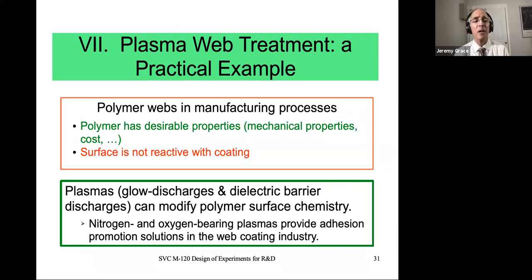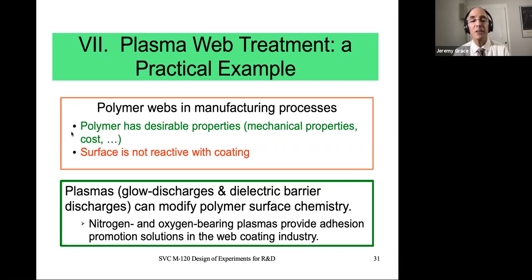I'll just give a background in polymer web treatment. Polymer webs are big rolls of thin plastic sheet or thin polymer sheet. And they're used in manufacturing processes for so many things. To name a few: candy wrappers, aluminized mylar balloons, and photographic film, which of course was interesting to Kodak at one time.